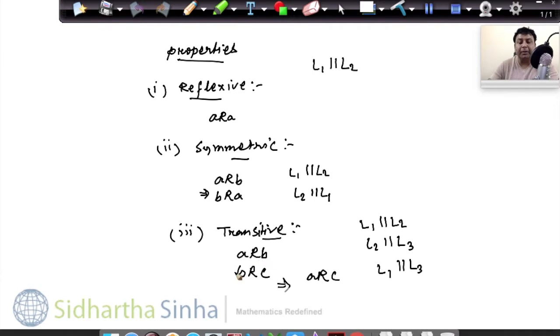So A related to B, B related to C implies that A is related to C.